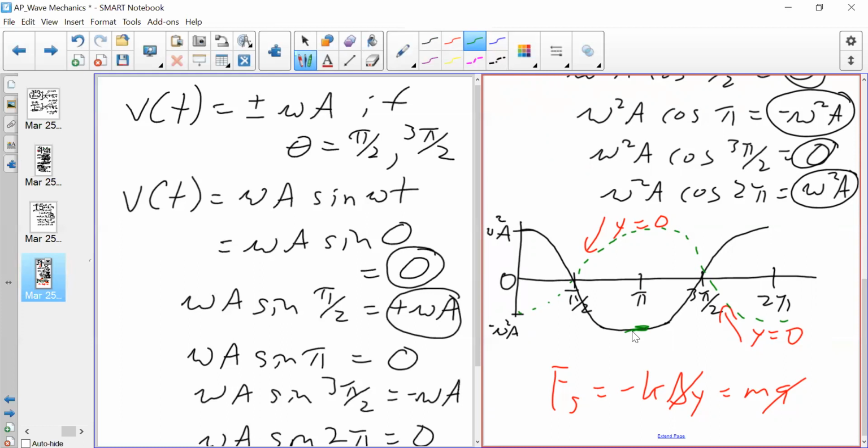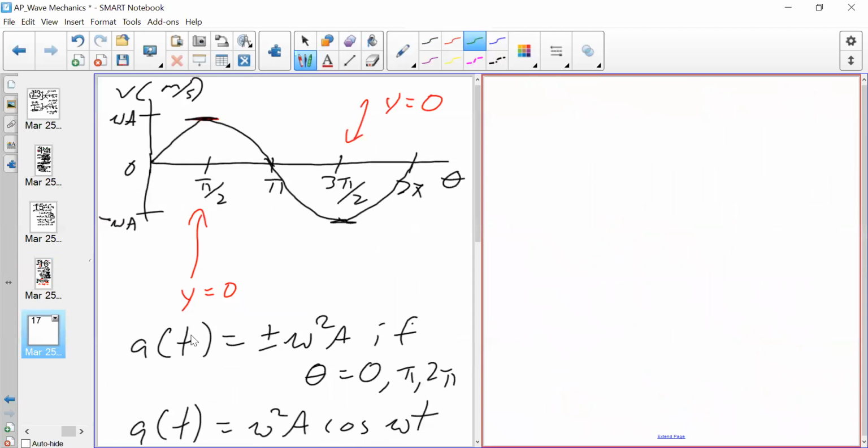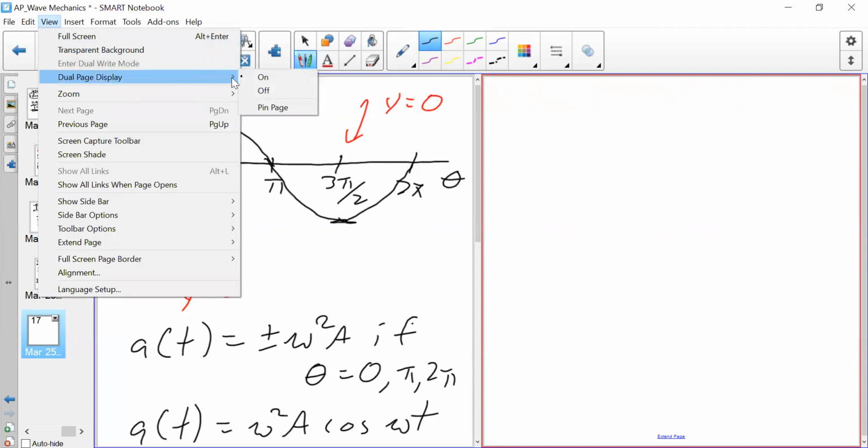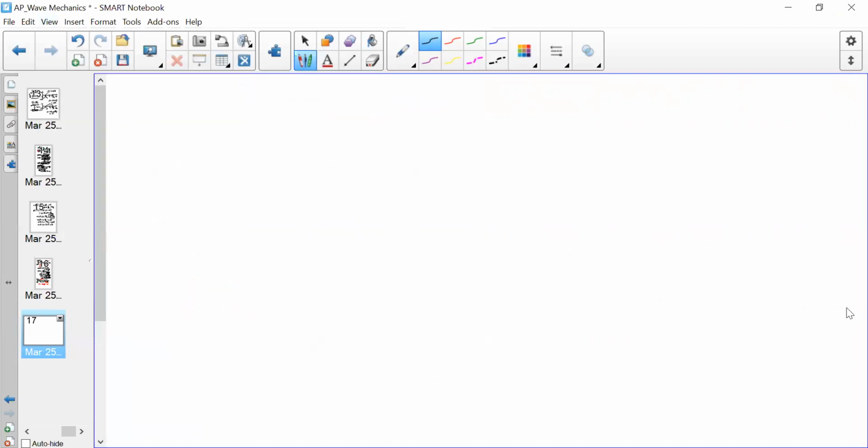All right, now I want to do a little chart, and then we can do a first example, and then maybe I'll have time for you guys to do a problem.